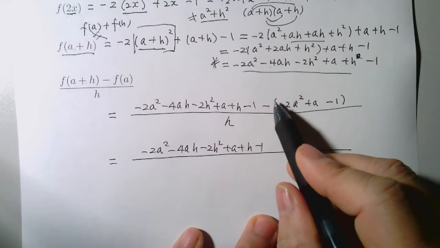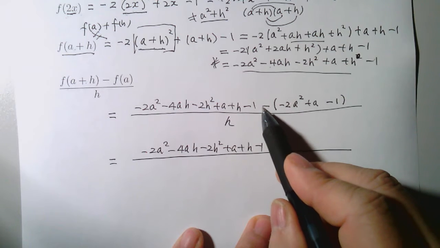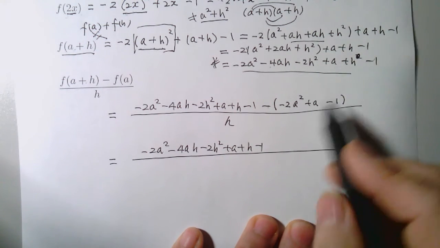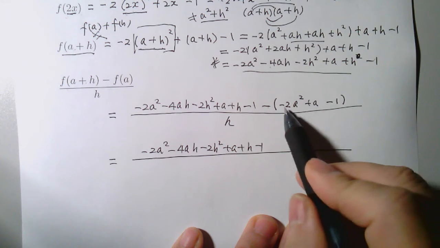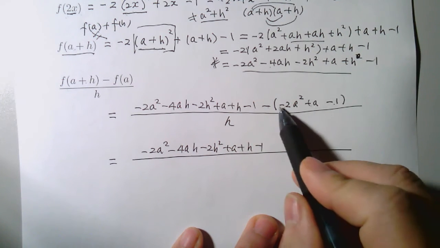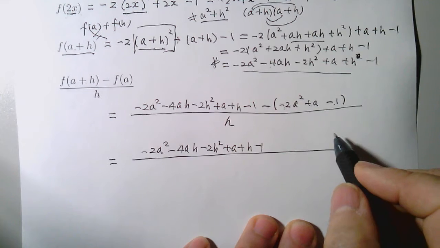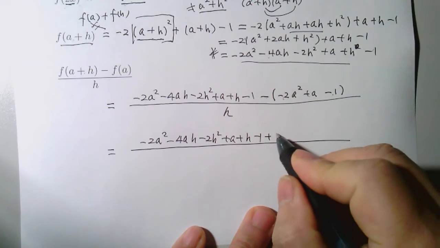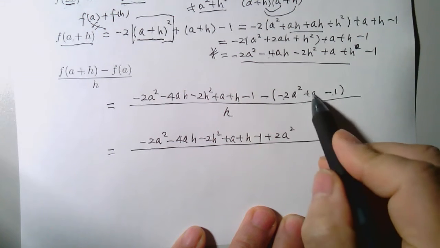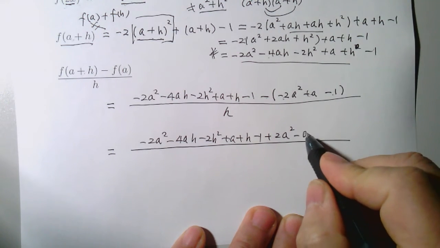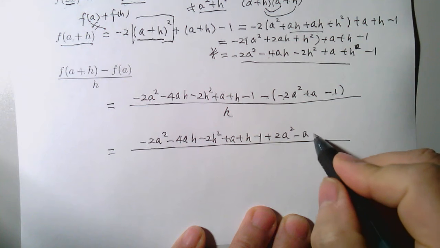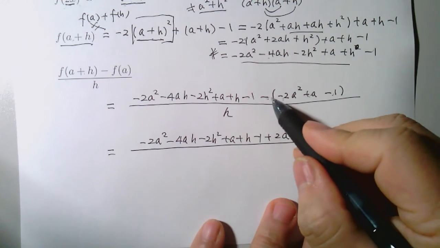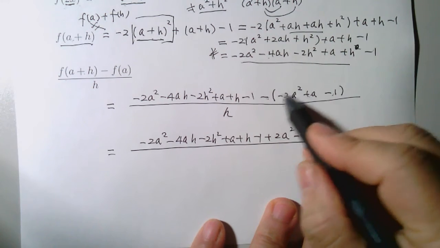When you drop the parenthesis, because in front you have a negative sign, you should change the sign of every term inside the parenthesis. So that's changed to positive 2a squared, that's changed to minus a, and that's changed to positive 1. Really, you consider this as negative 1 multiplying each term.